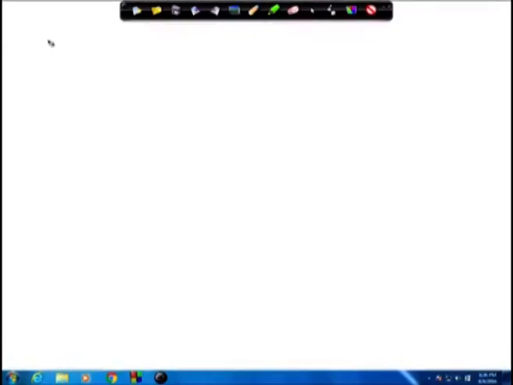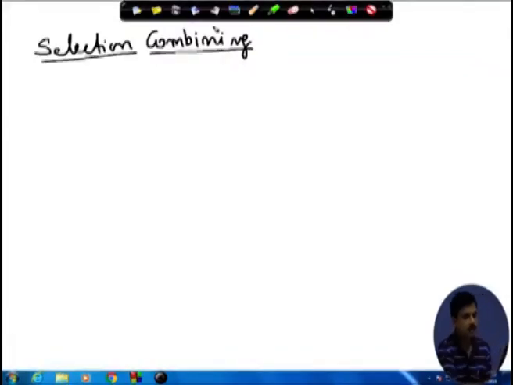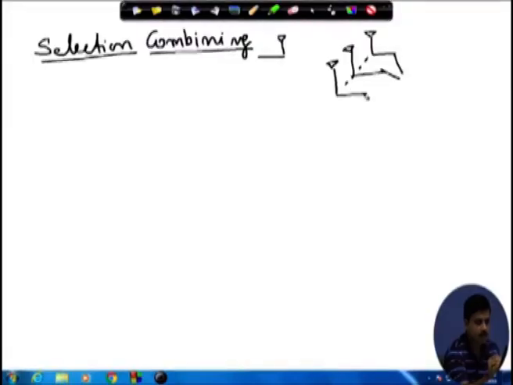So, we will start our study of selection combining. As the name suggests, this is made of two words, selection and combining. It is straightforward. In this case, we have one transmit antenna and more than one receive antenna. We will initially spend time on single input multiple output, and these different antenna branches send their signal to some combiner.